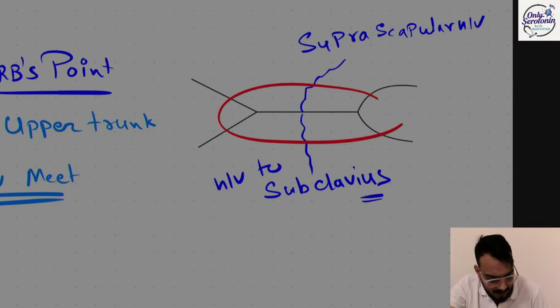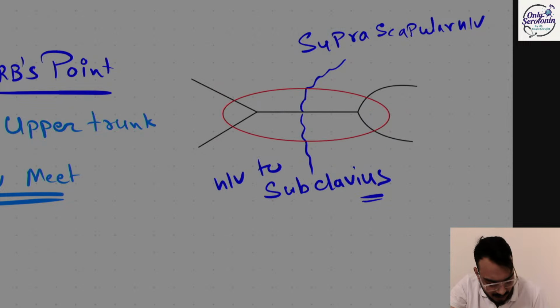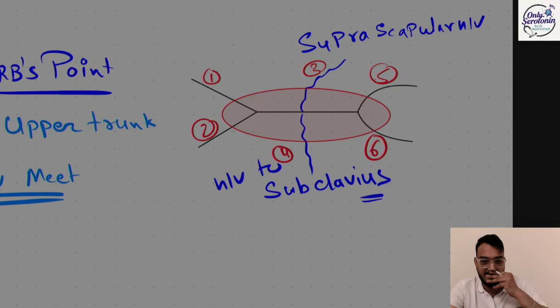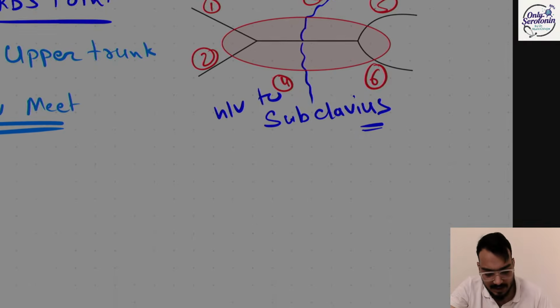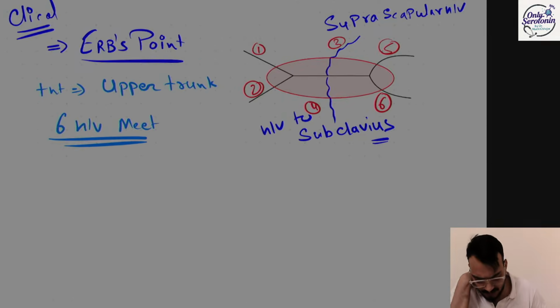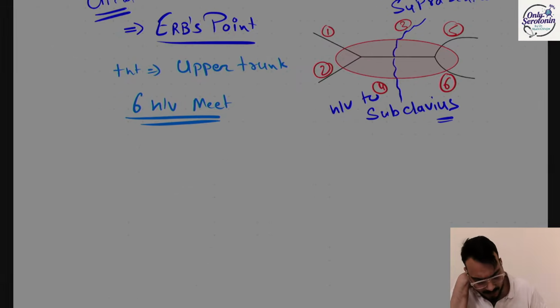Can you see this red color circle, guys? This red color circle which I am making here, it is my Erb's point. Here I am having these six nerves: one, two, three, four, five, six. All these six nerves are going to meet with each other. This is my Erb's point.